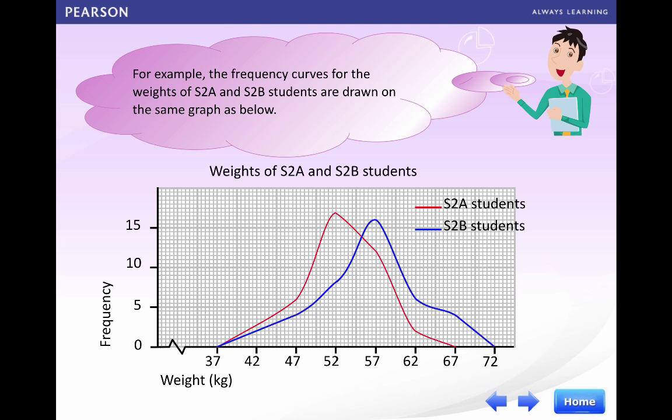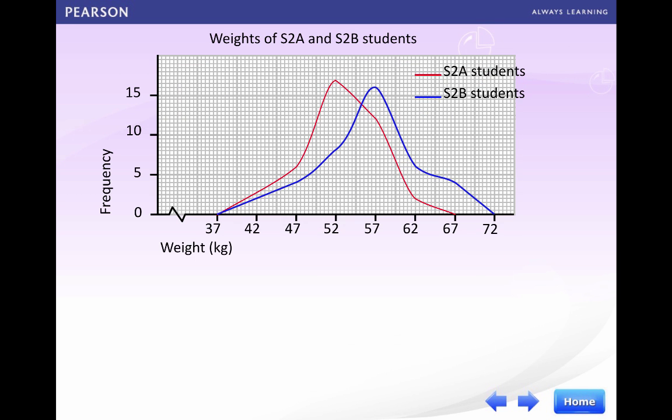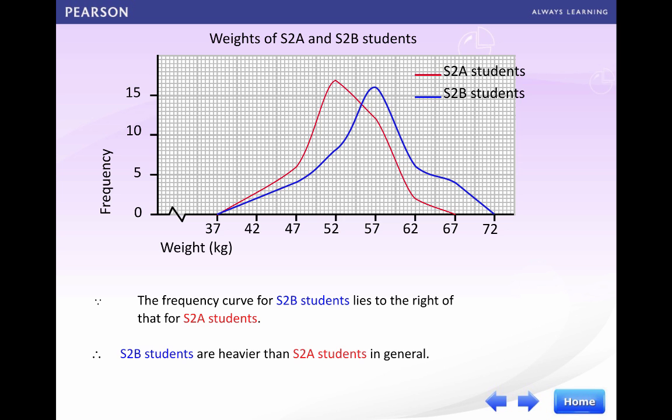We can also use it to represent the data we get for, let's say, the weights of 2A and 2B students. So what can we say about this graph? These frequency curves show that the S2B curve lies to the right of that of S2A students. So it means that S2B students are in general heavier than S2A students.